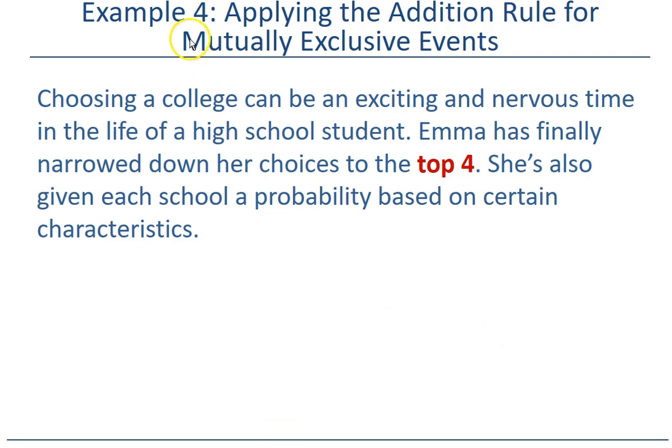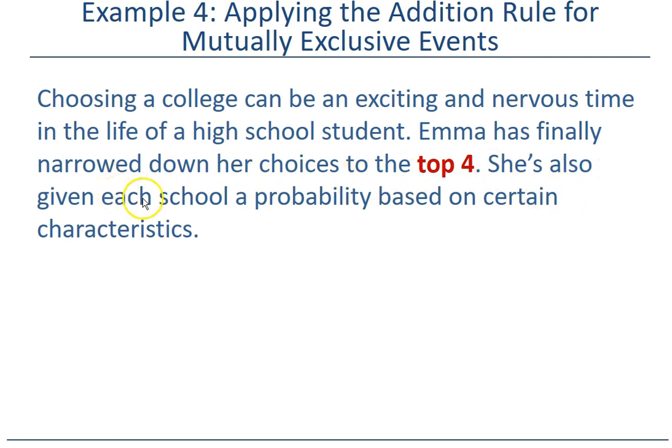Continuing on now to part 4, or example 4 of section 4 of chapter 7. Choosing a college can be an exciting and nervous time. You've had that past experience. Emma has finally narrowed down her choices to the top 4.